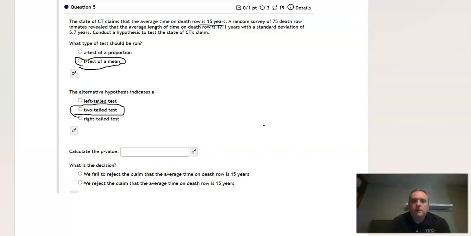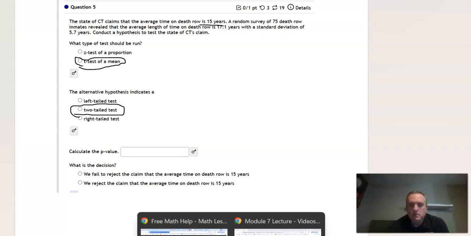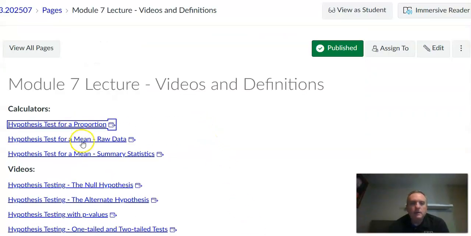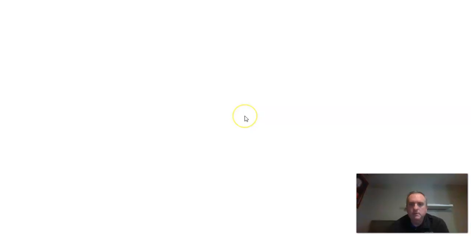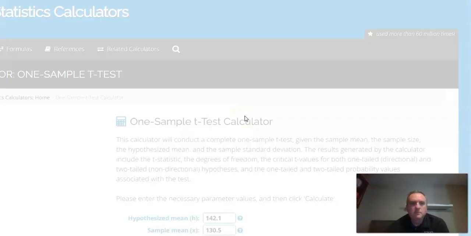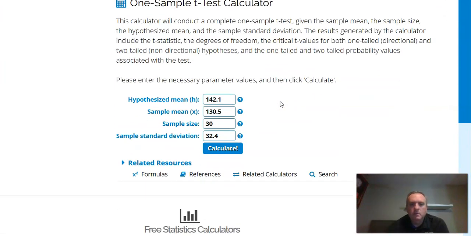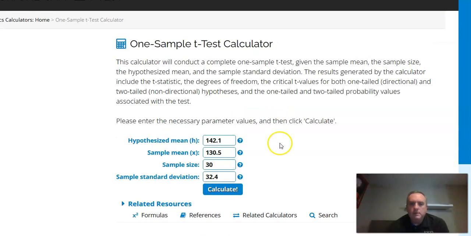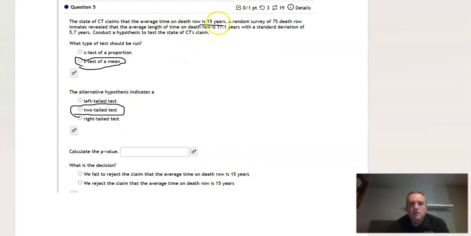All right, we need to calculate that p-value. So I'm going to switch to my calculator. This was for a mean, and we have the summary statistics. These are just sample values that come up, so we just have to type over them. Our claim is 15 years.